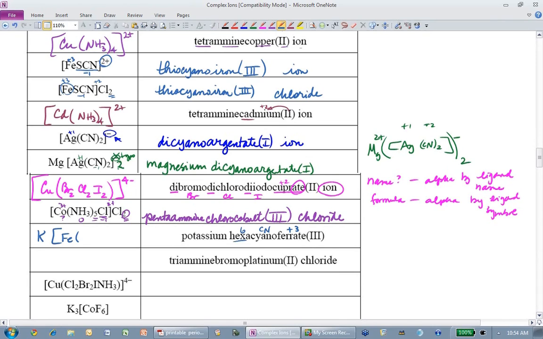So Fe, CN, hexa, 6 of them, all -1s, that's -6. The total on this is going to then be, since the iron is a +3 and the cyanides are -6, isn't that a -3? So I'll need 3 + 1 potassiums to make that work.